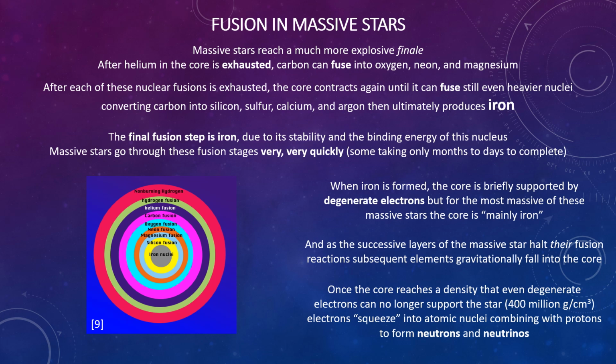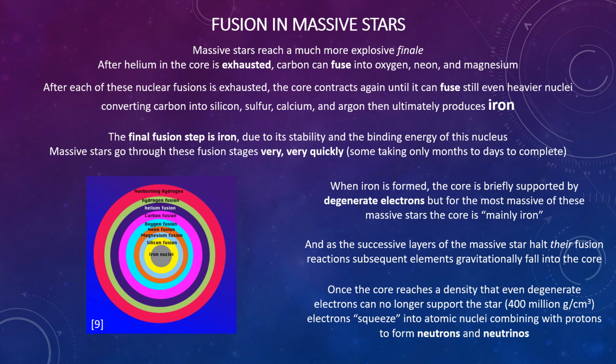Once it has reached iron in the core, it is a very rapid death. Sometimes this can be only months to days. When iron is formed, the core is briefly supported by those degenerate electrons, but this is not going to last. As the successive layers of the massive star halt their fusion, they eventually fall into the core.